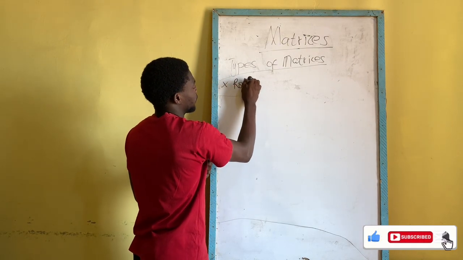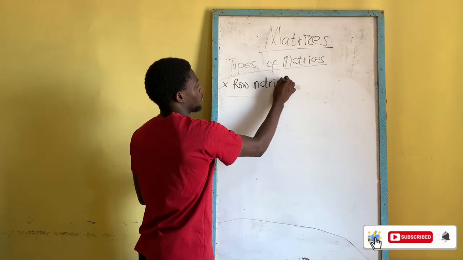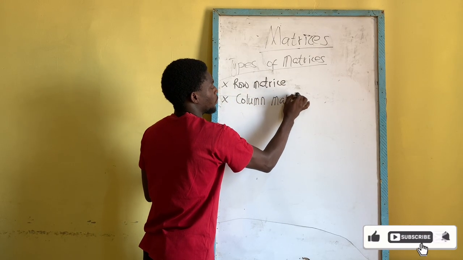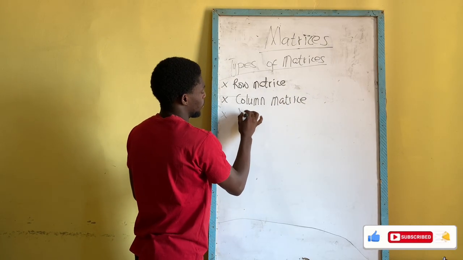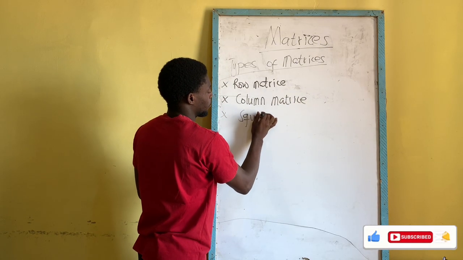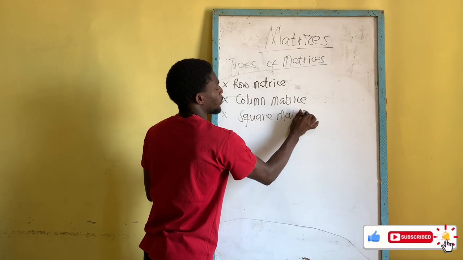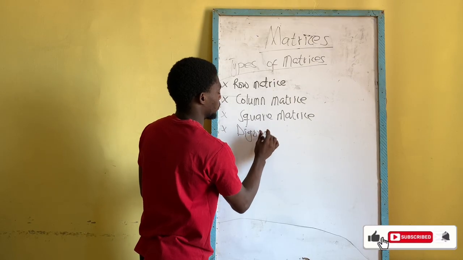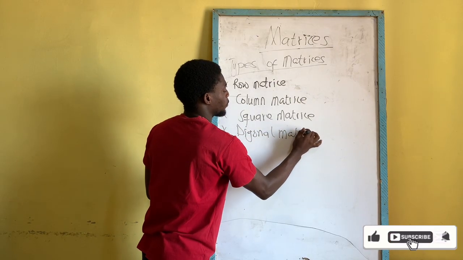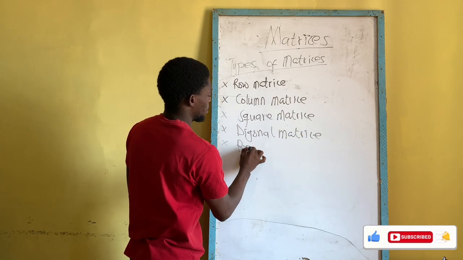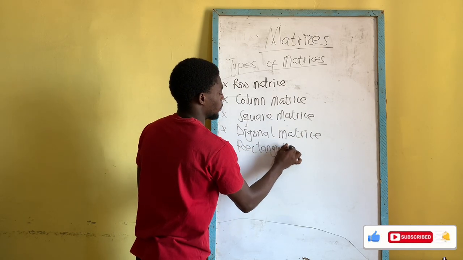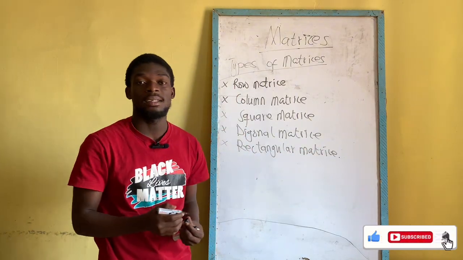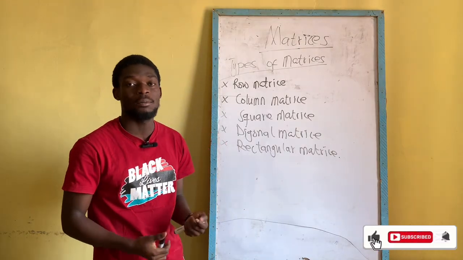So we have row matrix, column matrix, square matrix, diagonal matrix, and also the last one, which is rectangular matrix. So these are the types of matrices that I want us to look at. Let's take them one after the other.